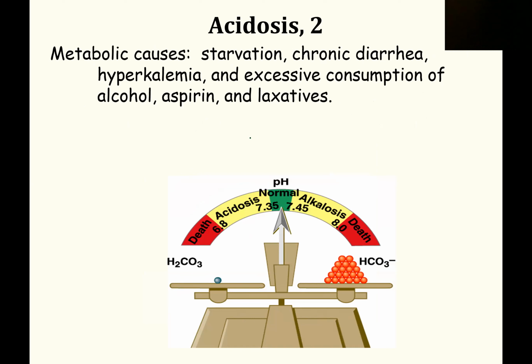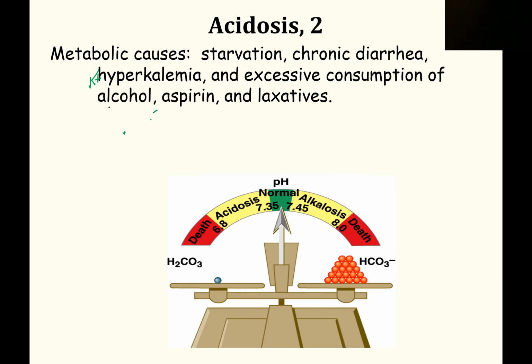And so ketones are going to act as a poison and increase the hydrogen ion concentration. Chronic diarrhea can also lead to too many acids in the body. Hyperkalemia, that's too much potassium ions, can cause acidosis. Excessive consumption of alcohol, aspirin, or laxatives.